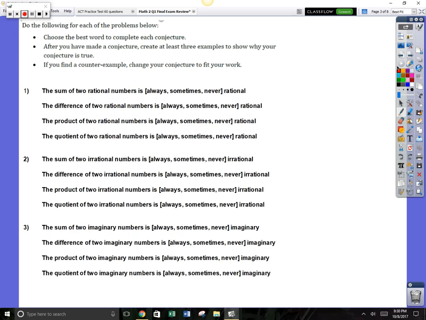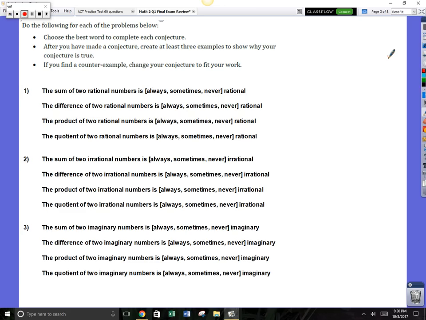Okay, let's look at these. So we're given 3 conjectures. Here's what we got to do. We have 3 choices: either choose between always, sometimes, and never.